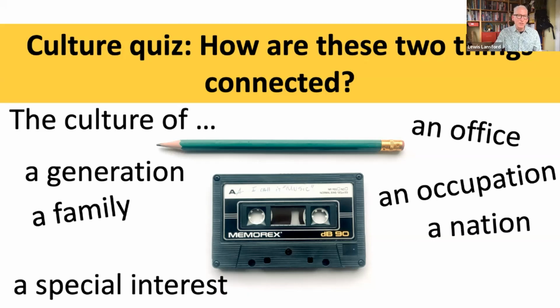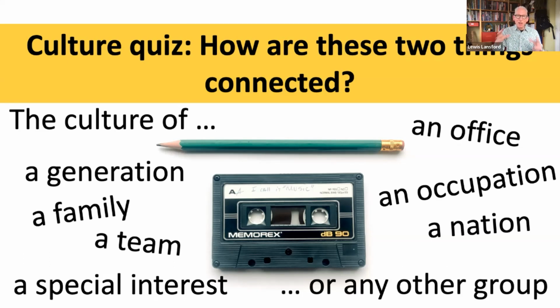Or a special interest. If a rock climber meets another rock climber, they may feel instantly at home. There's some kind of rapport there. The culture of a team or any other group. So that's what we're talking about when we're talking about culture, not just American culture versus British culture versus Chinese culture. We're talking about culture of any group and how that affects communication.